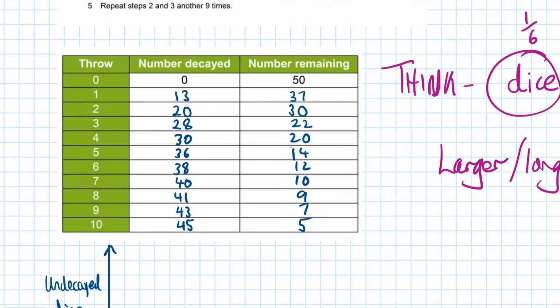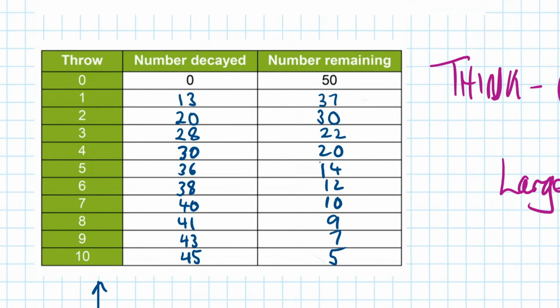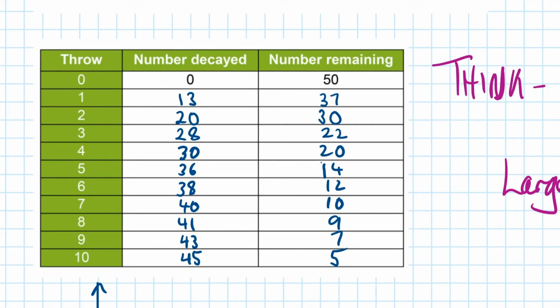As an optional extra activity, what I'd like you to do is just plot this table on a graph and work out the half-life, or use an Excel spreadsheet and put that data in and use software to do it instead. It's optional, it's extension work, and I'll be doing it myself in a moment anyway.